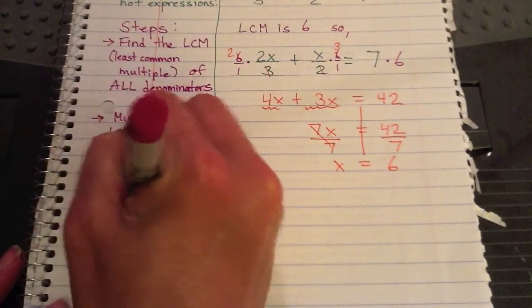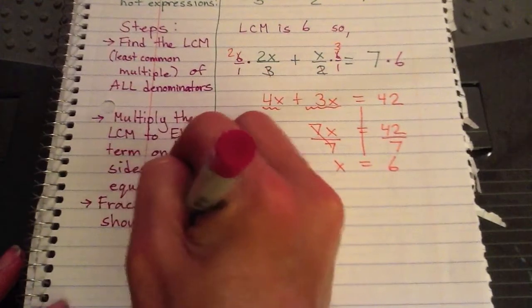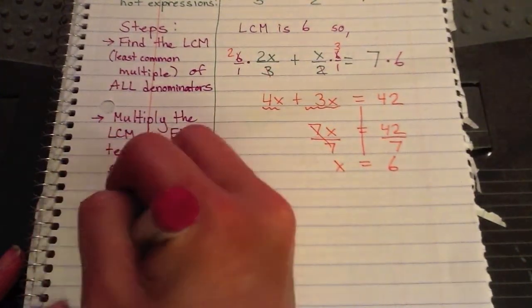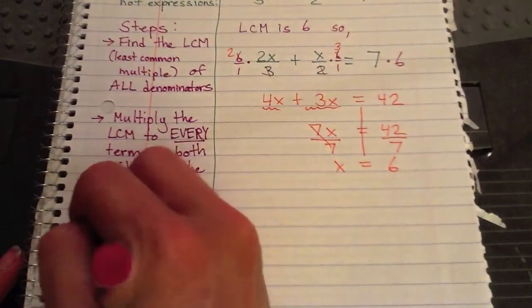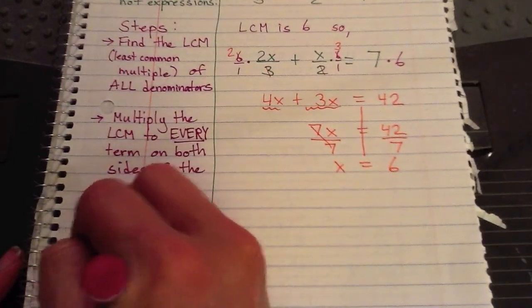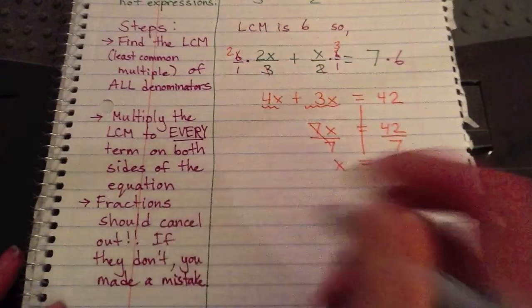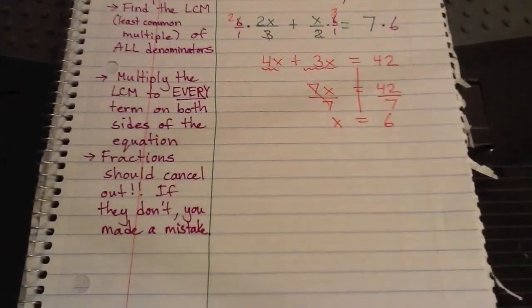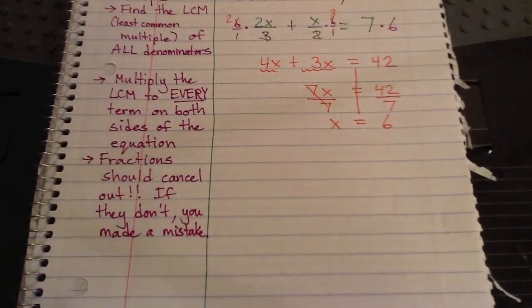The fractions should cancel out. If they don't, you made a mistake. So if those fractions don't cancel, you know you did something wrong. Go back and look at your multiple again. Make sure that you figured out the correct multiple. And now you're going to solve.